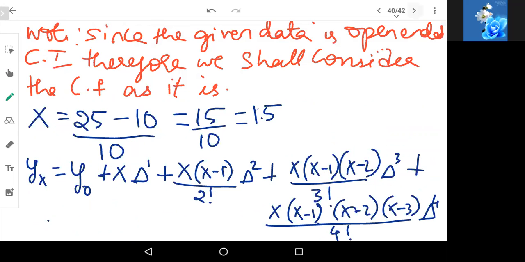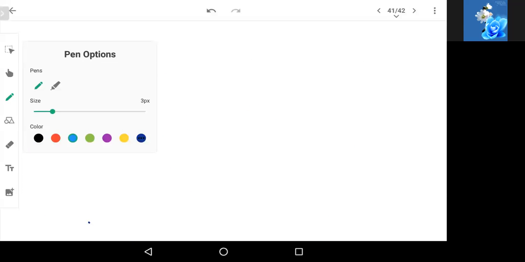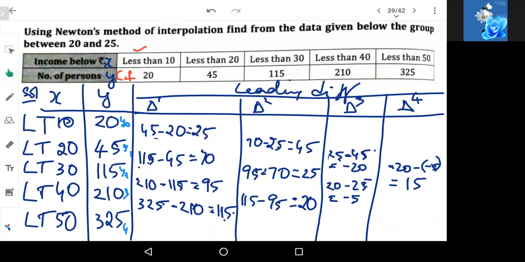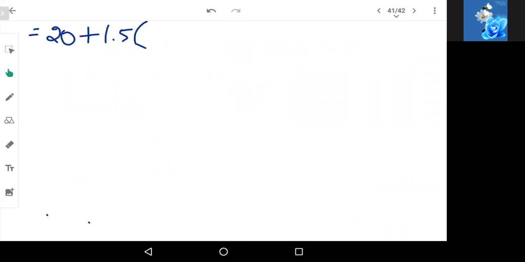Let us write down that value here, which is equal to 20 plus x, which is 1.5, into the first leading difference. The first leading difference is 25.